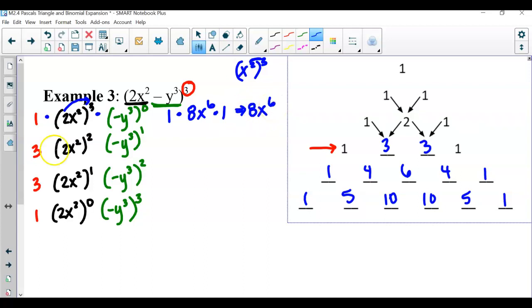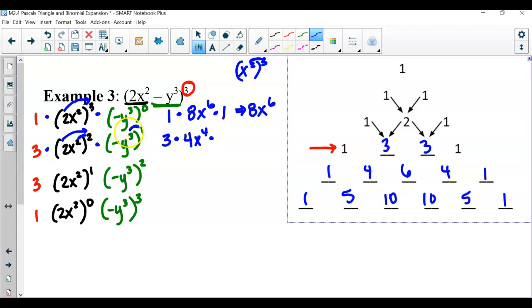Let's go to the next row. Here we go. So I've got 3 times, that's 2 to the 2nd power, which is 4. The power to a power, pow, pow, multiply now. So now you've got x to the 4th power times negative y cubed raised to the 1st power.